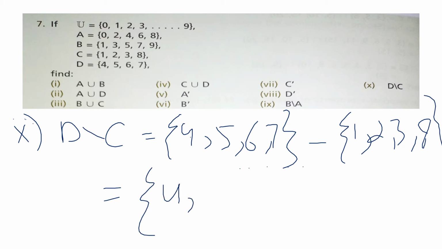So 4, 5, 6 and 7, because these elements are not present in set C. Okay, so the difference of D and C is the set D itself because all the elements of set D are not present in set C.